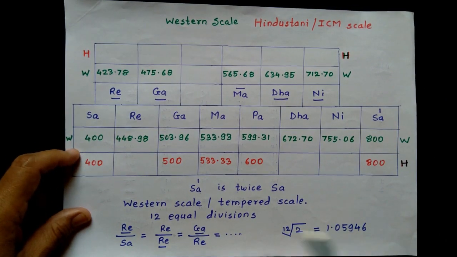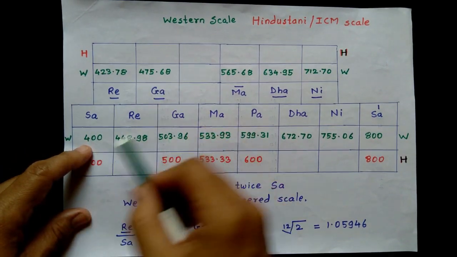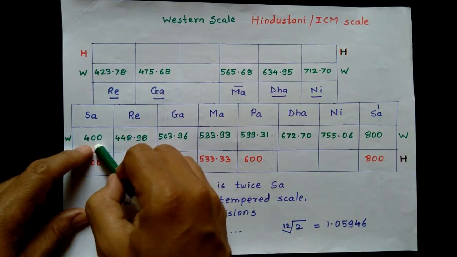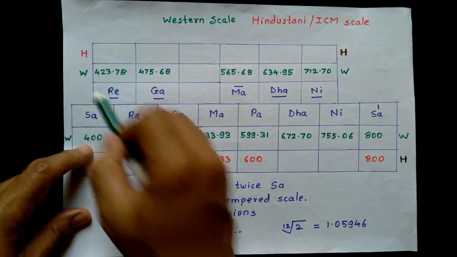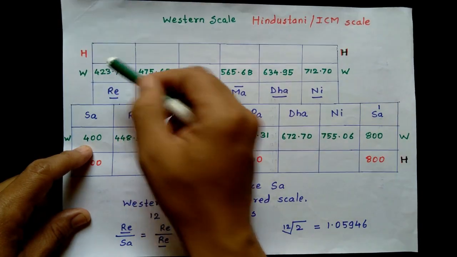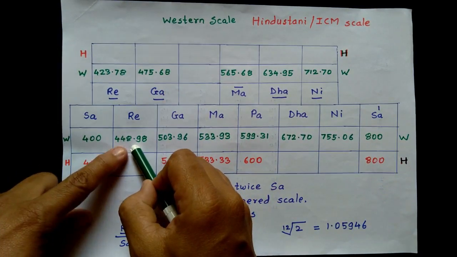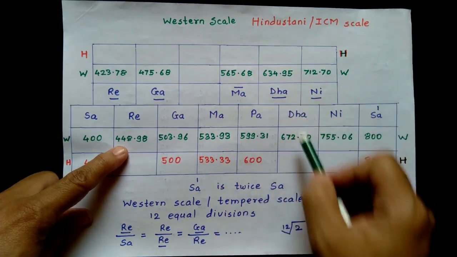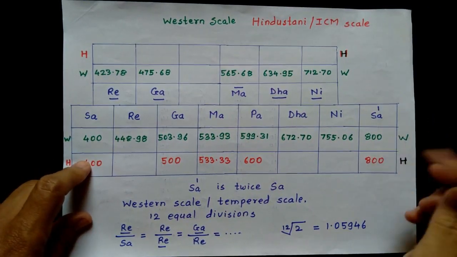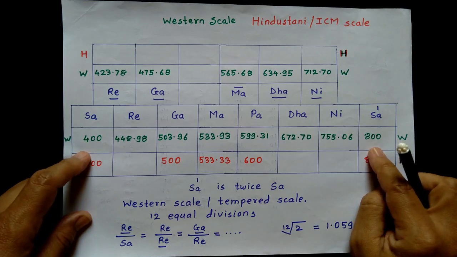So just go on multiplying the base frequency, that is 400 sa, by this number. You will get the next note. Multiply the next note's frequency by 1.05946. You will get the next note. Go on multiplying, and at the last you will find upper sa exactly at 800.